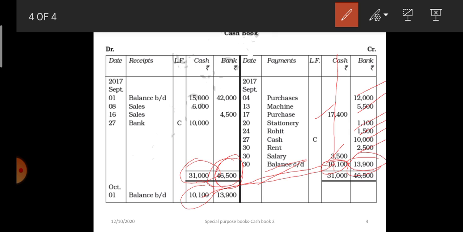The balance left is 13,900, which will be carried down. So cash in hand is 10,100 and cash at bank is 13,900 rupees. All of you go through all the transactions, and then we will solve a few more examples to understand it in a better manner.